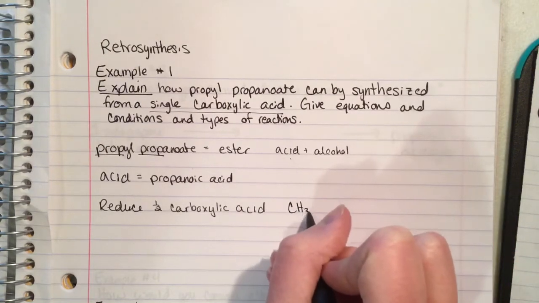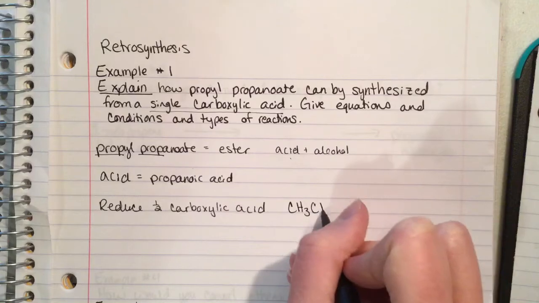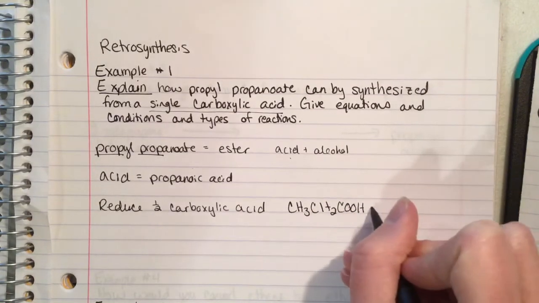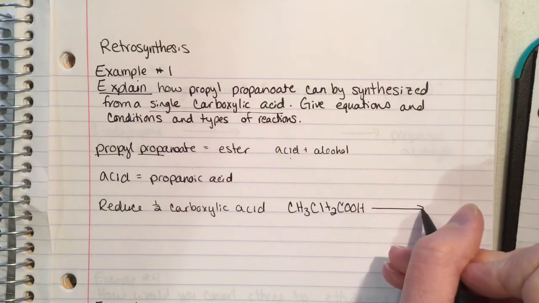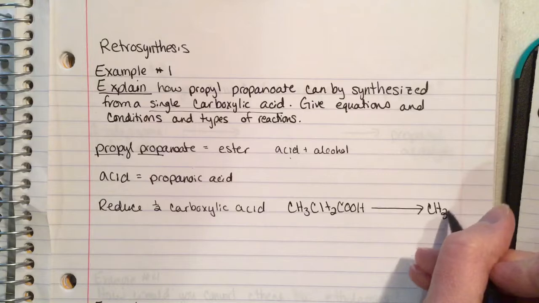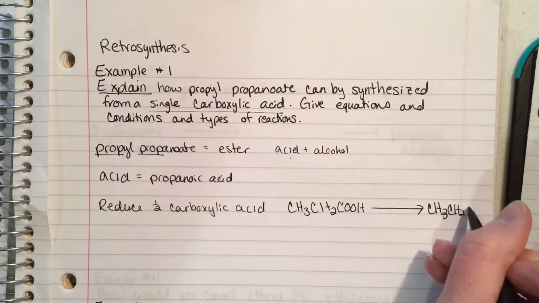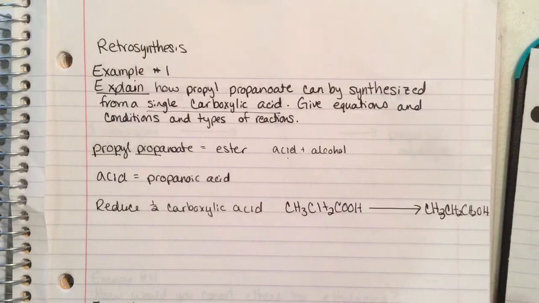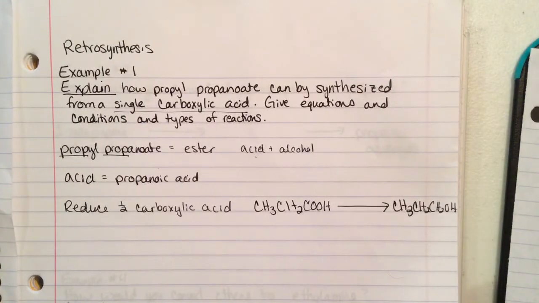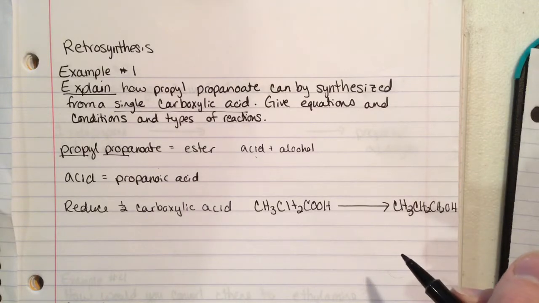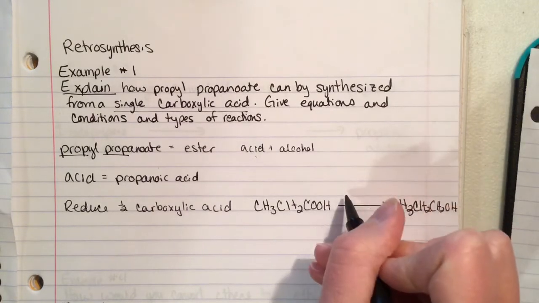So my propanoic acid is going to become propanol. There we go. Okay, well, what did I need in order to do that? Well, this is where I need the strong reducing agent.